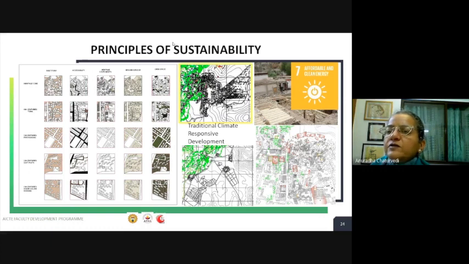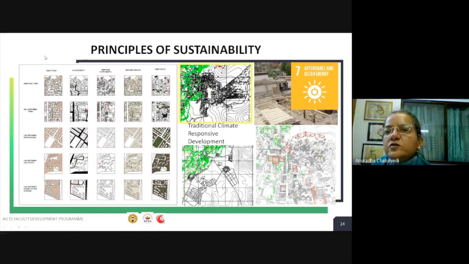What are the kind of lessons in relation to climate responsive development that we can understand from a study of the traditional planning principles? What are the principles of sustainability which can be derived from a study of these patterns?